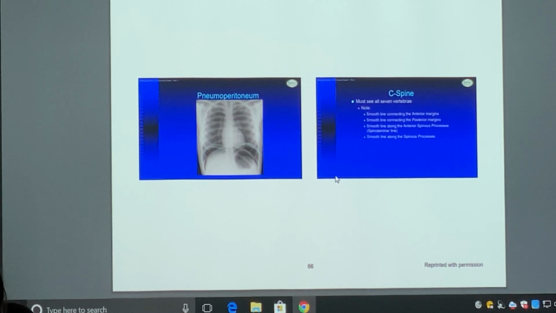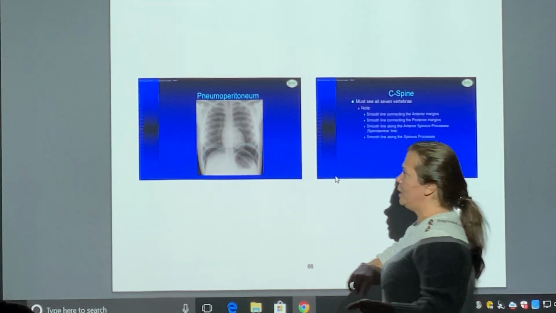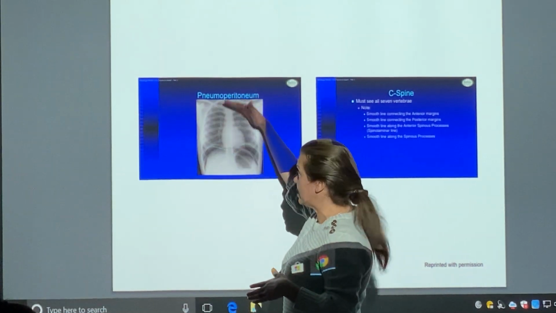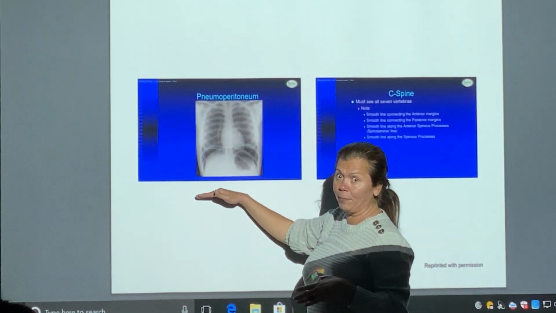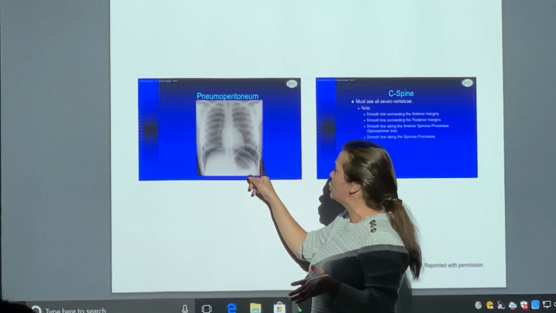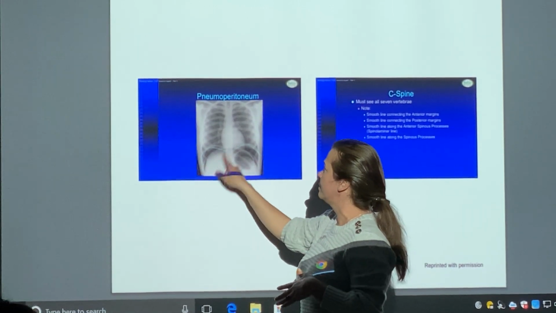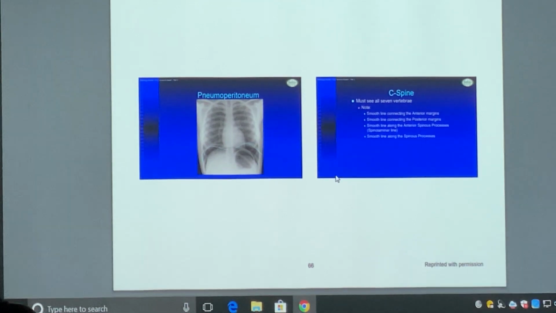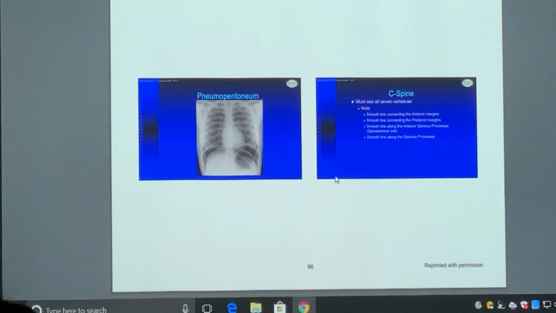Besides the fact that the clinical presentation of the patient will be severe abdominal pain and also guarding, right, and rigid abdomen, signs of peritonitis. But in addition to that, when you do a KUB, because remember, chest X-rays sometimes include the upper abdomen, but also KUBs include the lower chest. You see the double diaphragm. Okay?